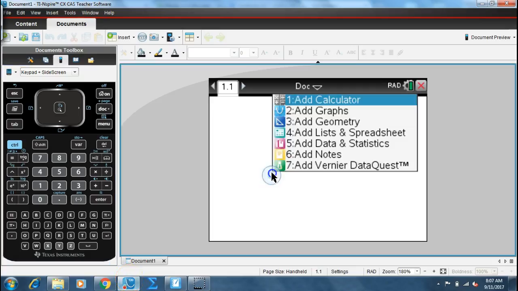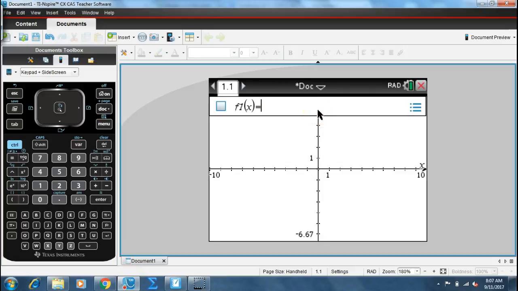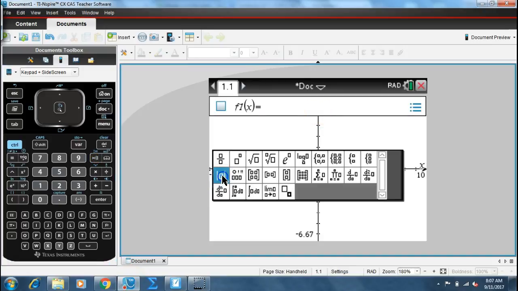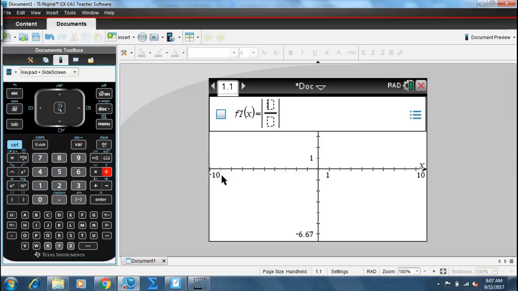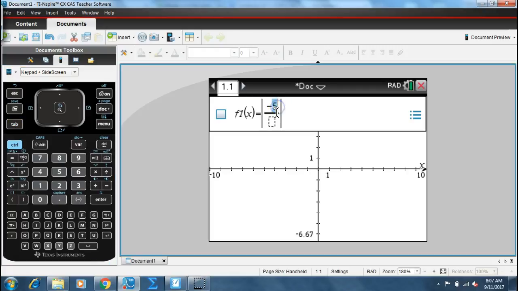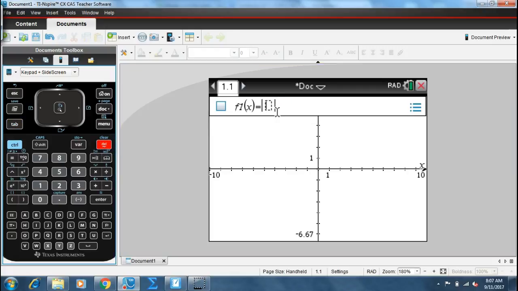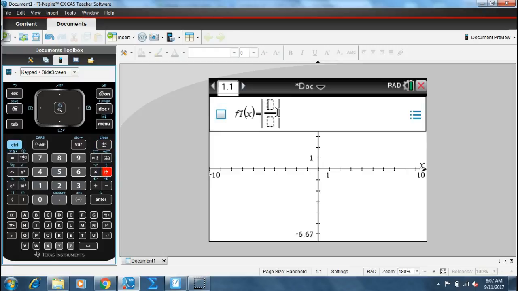So we go graph, and our first one is going to be the absolute value of x minus 5, and 4 on the bottom.